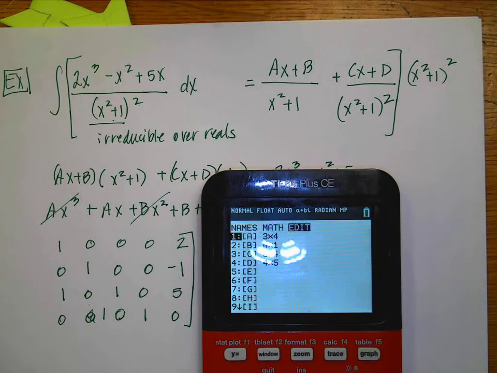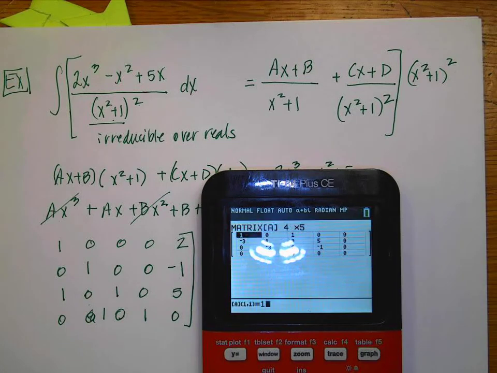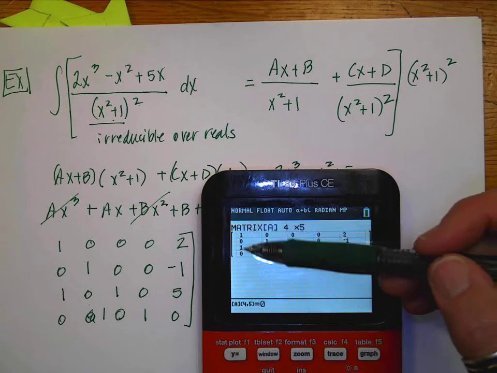So this time I have second matrix edit. I'm going to edit A. I have a 4 by 5, and I'm going to do 1, 1, 2, 3, 2, 0, 1, 0, 0, 1, 0, 1, 0, 5, 0, 1, 0, 1, 0.